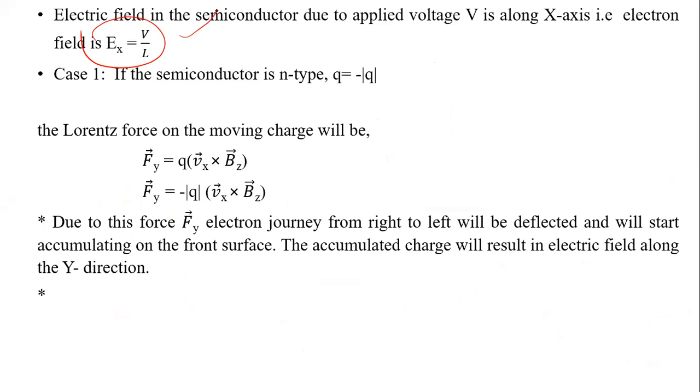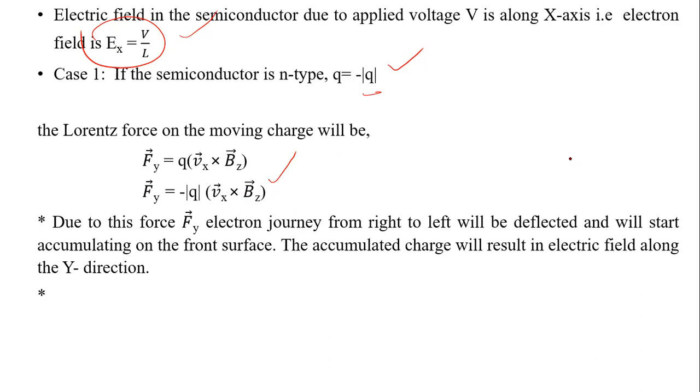Now, for a semiconductor of N type, you can write the charge as minus mod of Q, the electronic charge, 1.6 times 10 to the power minus 19 coulomb. Electron being negative, you put negative. And the Lorentz force here will be along the y direction, as I explained before.